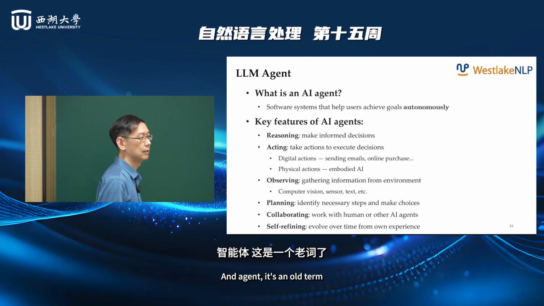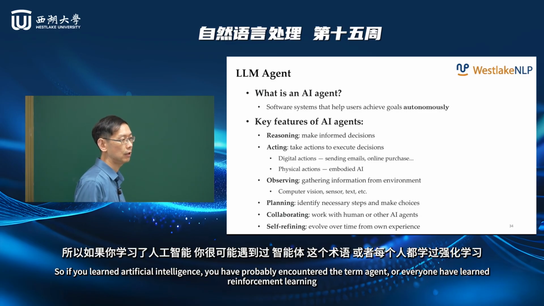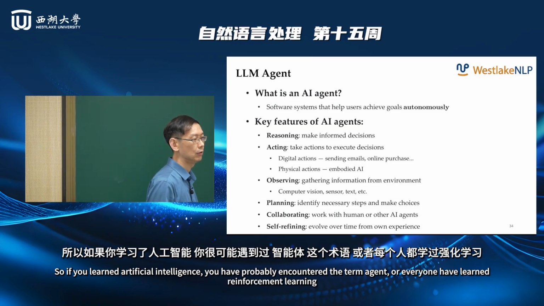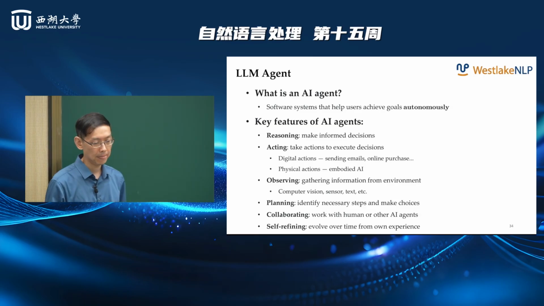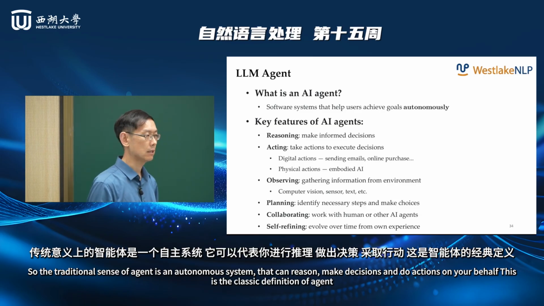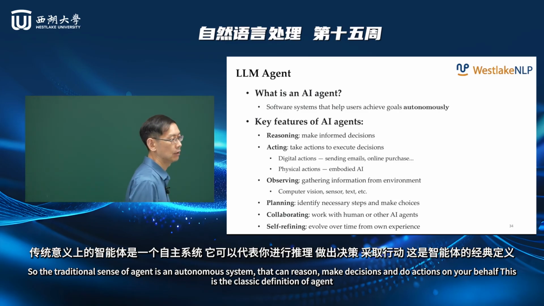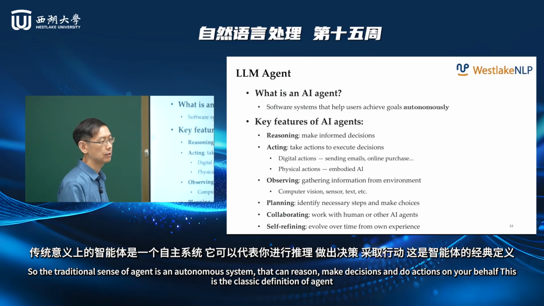And agent is an old term. If you learn artificial intelligence, you have probably encountered the term agent. Everyone has learned reinforcement learning, right? So agent is a term used in RL. The traditional sense of agent is an autonomous system that can reason, make decisions, and do actions on your behalf.